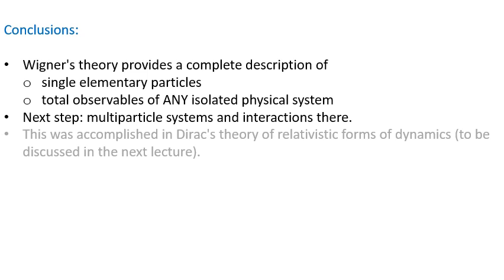In order to get access to this information, we should learn how the system is composed from its constituent particles and how these particles interact with each other. The best answer to these questions is provided by Dirac's theory of the relativistic form of dynamics. I'm going to tell you about this theory in my next lecture.